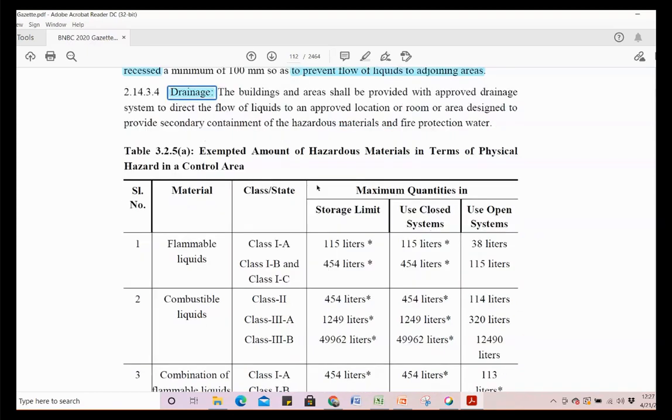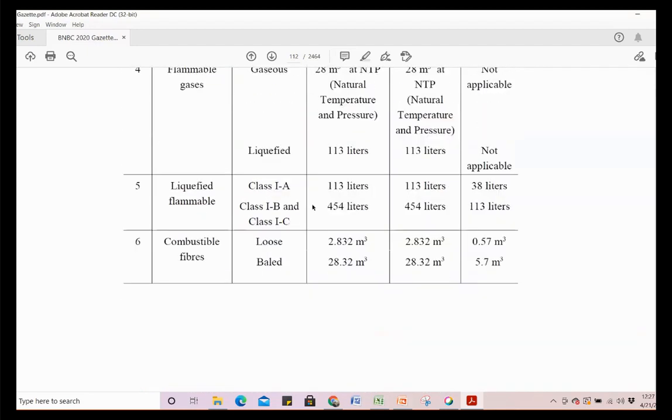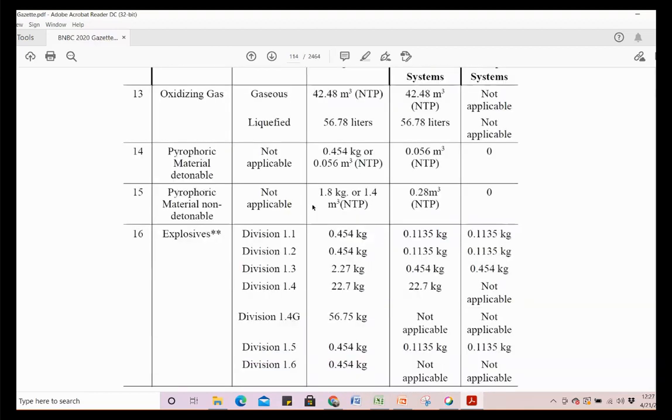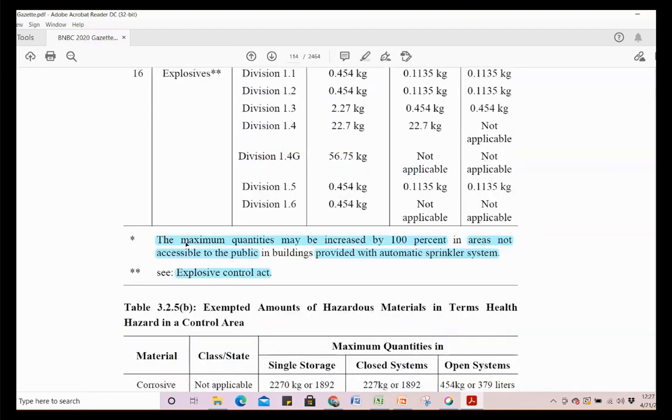And we are quite familiar with this hazardous material exempted quantity. We have gone through it in the last presentation, so I'm not going into the detail of these materials again. So there is just one footnote here that the maximum quantities may be increased by 100% where areas are not accessible to public in the buildings, provided with automatic sprinkler system.